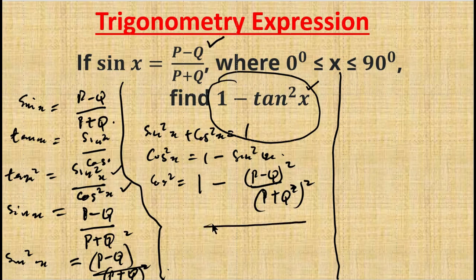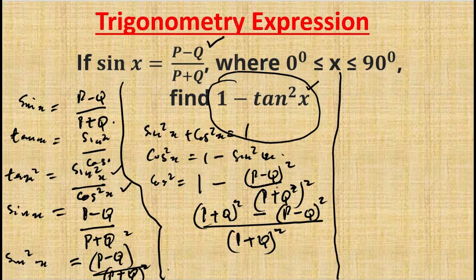Now I can take an LCM at this point so that I have (p plus q) all squared as my LCM. So for 1, I'll still have it as (p plus q) all squared, minus (p minus q) all squared. Now let's give an expression to (p plus q) all squared and (p minus q) all squared. My (p plus q) all squared is the same thing as p squared plus 2pq plus q squared.